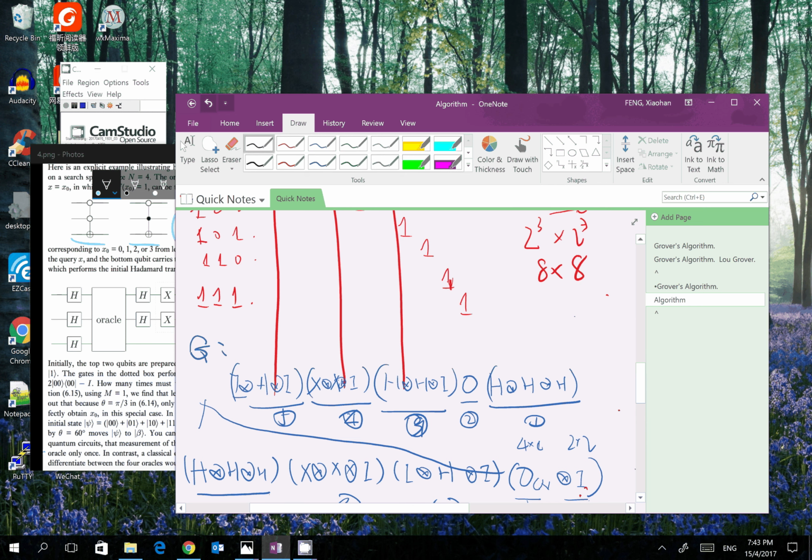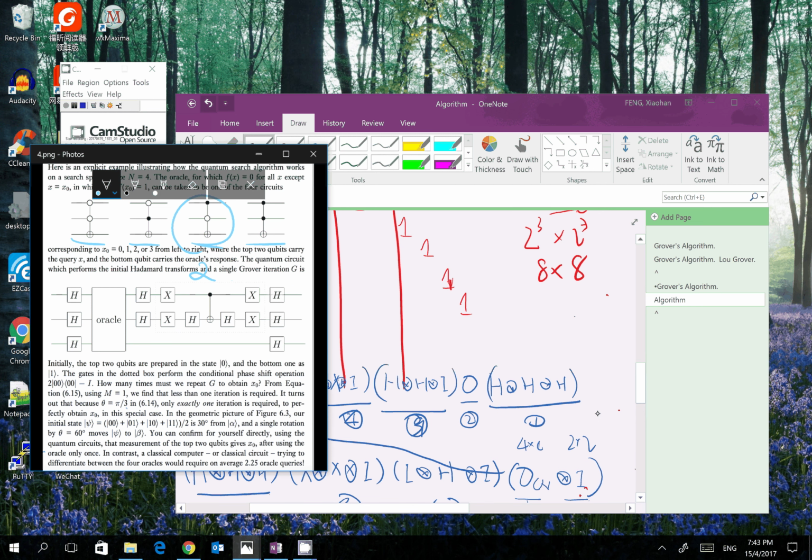We see this is a picture for the Grover iteration. We can separate this picture into 9 parts. 1, 2. The second part is the oracle. 3, 4, 5, 6, 7, 8, 9.